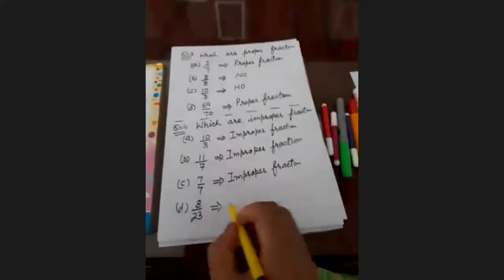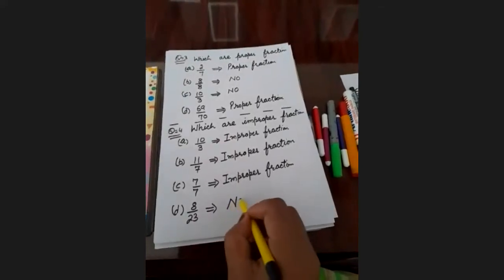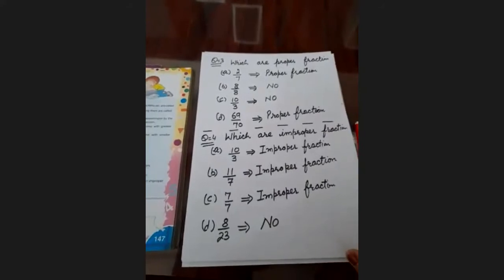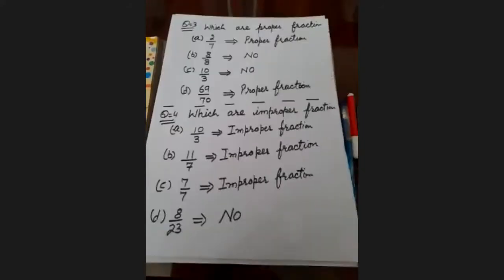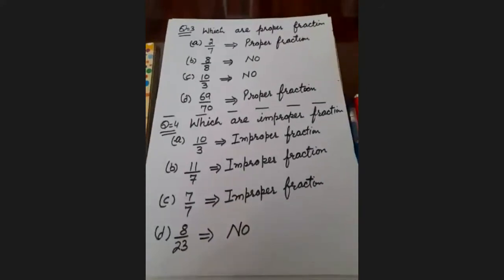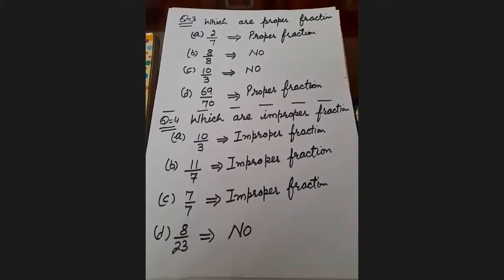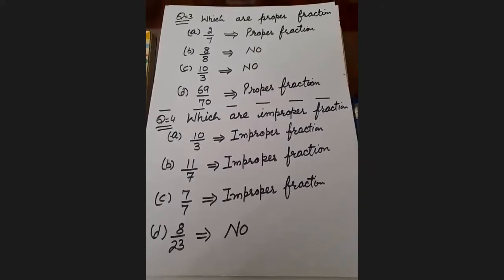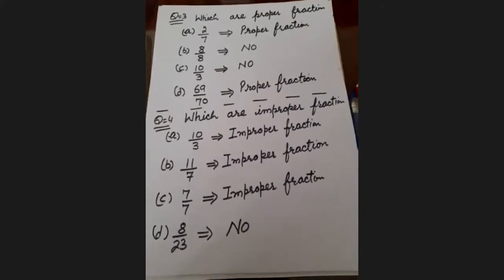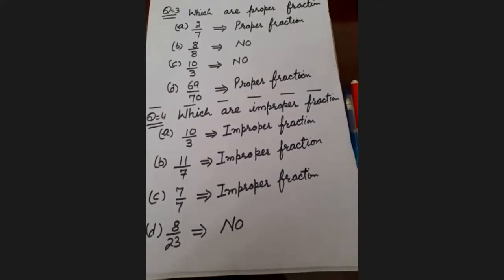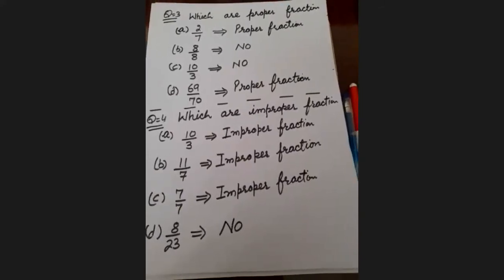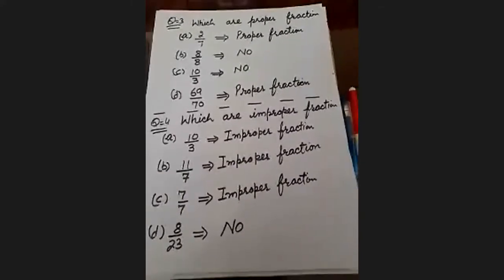So this type of fraction is not an improper fraction. Clear, students? This is third and fourth question of exercise 38.